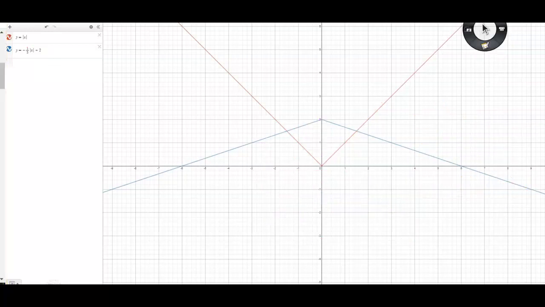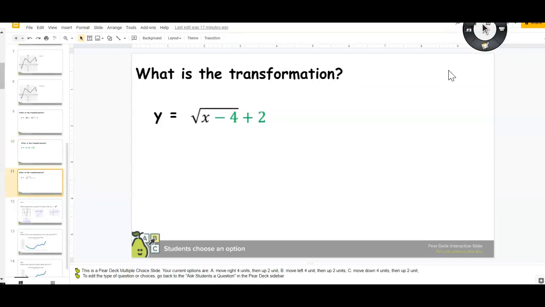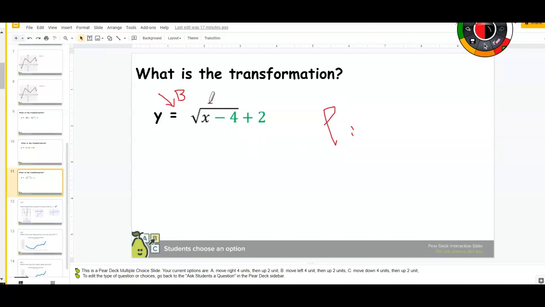Okay. Next one. So here you have this more complicated baby equation. And from this, what is the parent equation? So the most basic part in the baby equation is square root of x. So your parent is y equals square root of x.